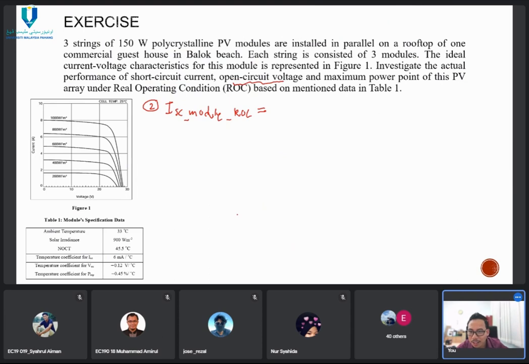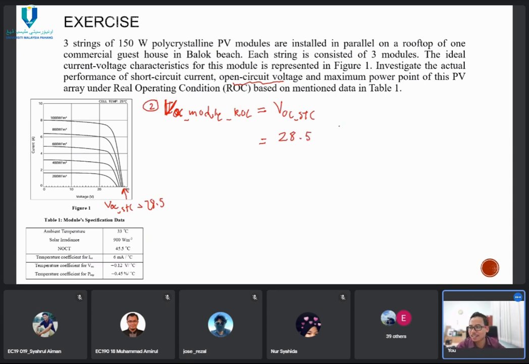So sini VOC STC 28.5 lah. Okay, 28.5. Alright. So VOC STC here is 28.5.